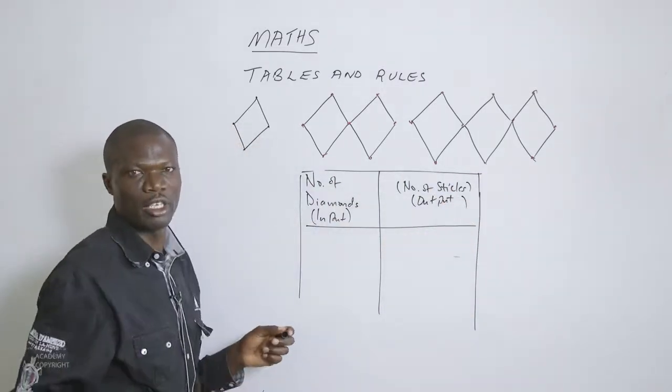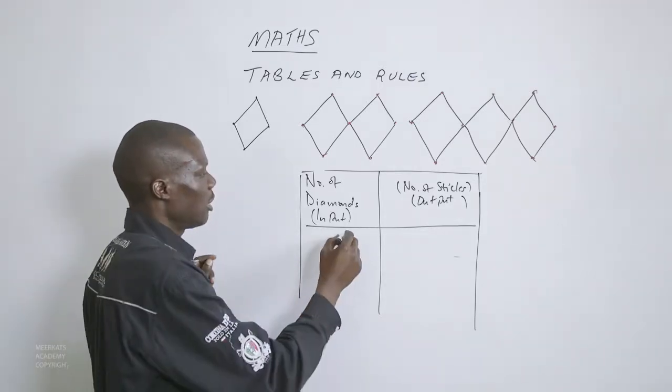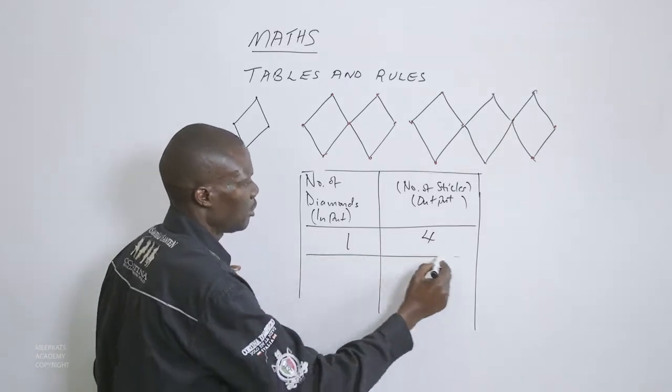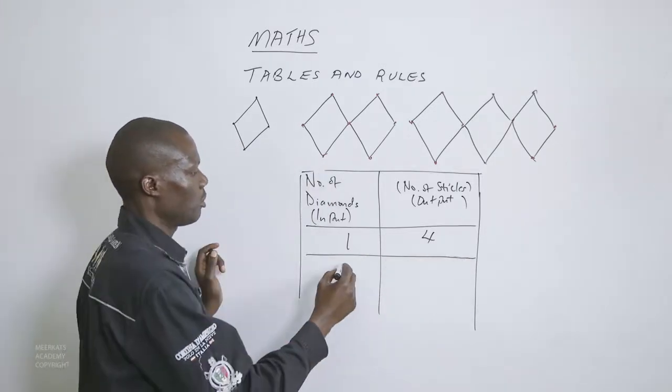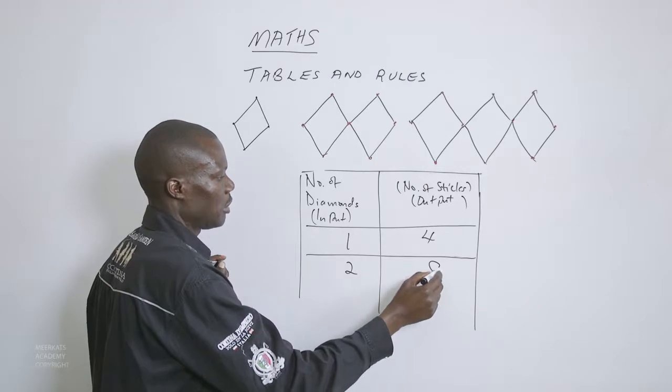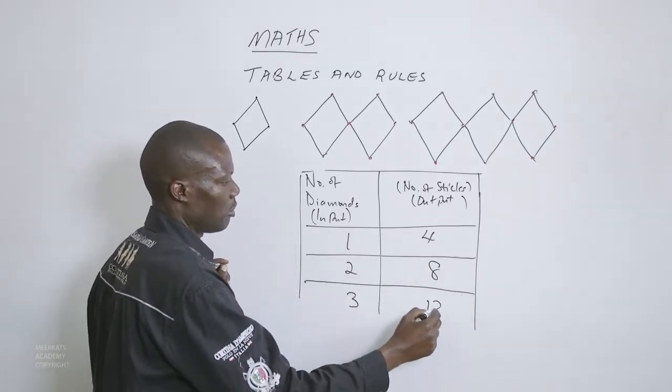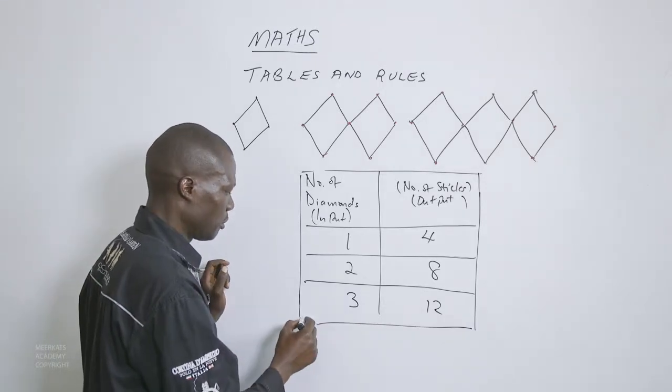One diamond has 4 sticks used. For 2 diamonds, we have 8 sticks. From our diagram, 3 diamonds, we have 12.